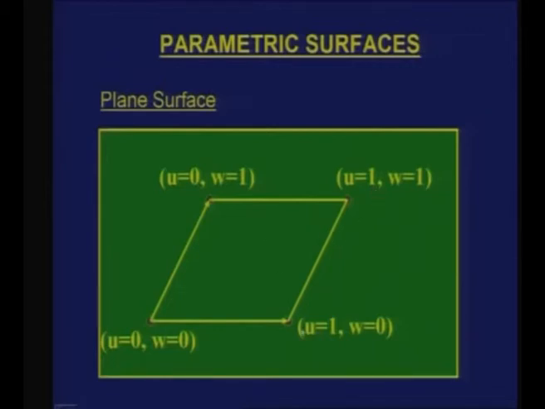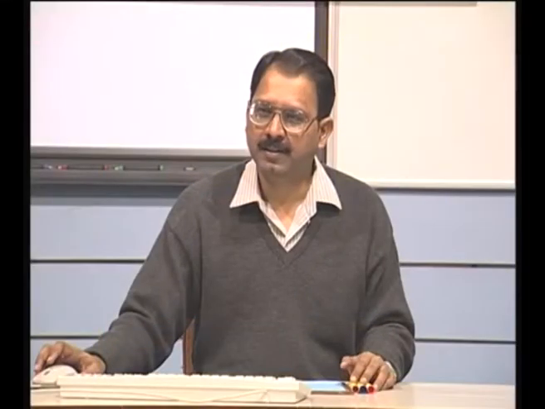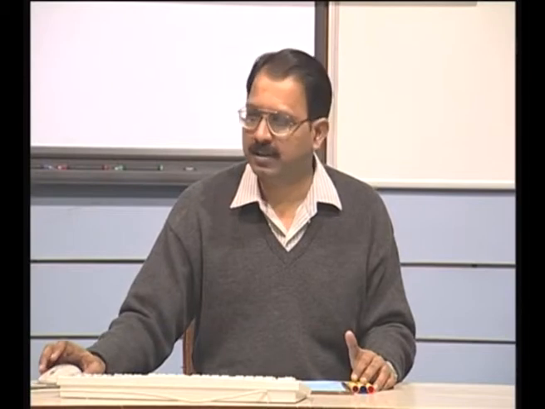Now, this form can also be used to represent a parametric equation of a triangle. I can define this entire plane by defining 3 points. A plane surface can be easily defined by specifying 3 points through which it is passing.